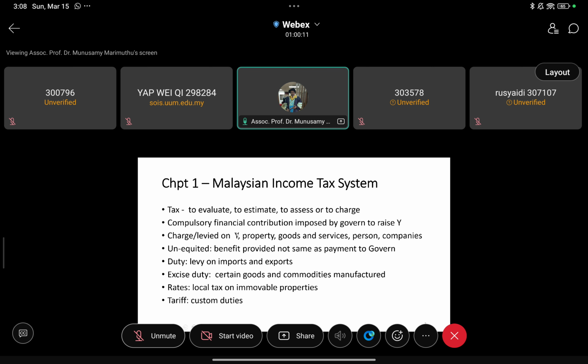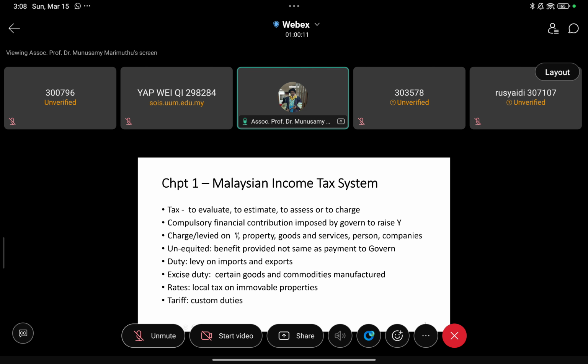Or when you buy a property, there will be tax, stamp duty. When you sell the property, it can be subject to real property gain tax. Same thing when you eat food or consume certain services like courier or food, it is all subject to service tax of 6%, 8%.